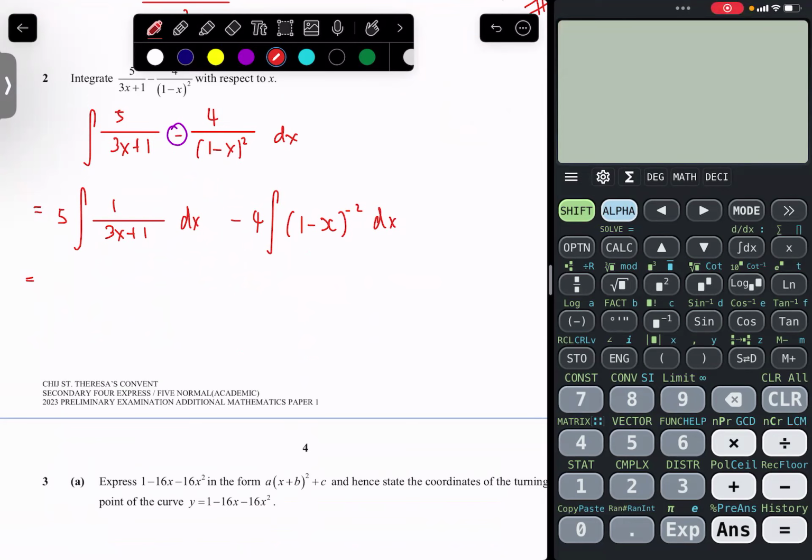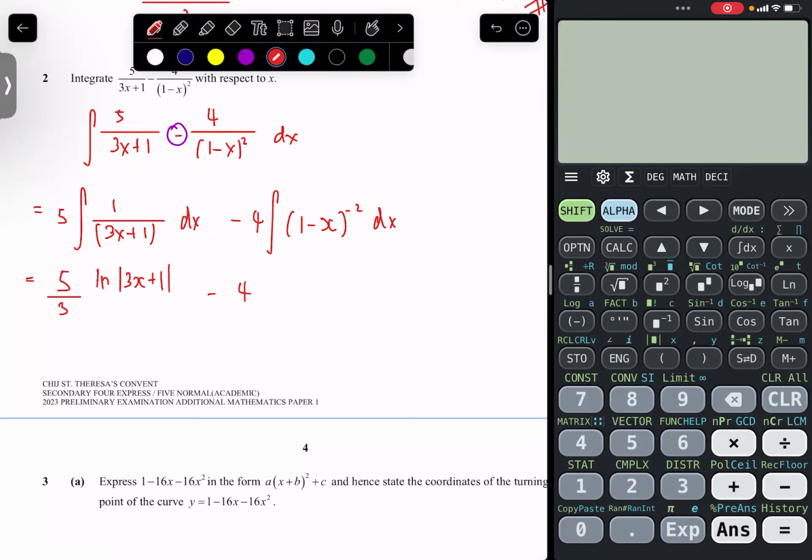Now over here, integrate the 3x plus 1. This is a linear form, so to integrate a linear form, it will be 5 ln (3x plus 1), divided by the differential of the inside, which is 3, so we divide by 3, minus 4.